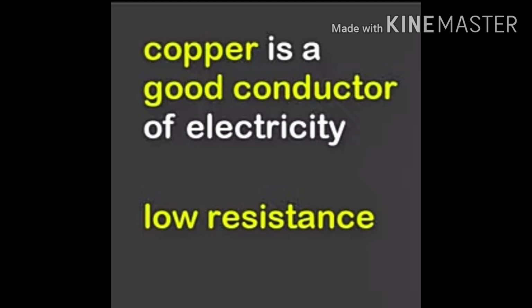So we conclude that copper is a good conductor of electricity since it has low resistance. The copper ions move freely without any opposition. Therefore, it's a good conductor of electricity with low resistance.